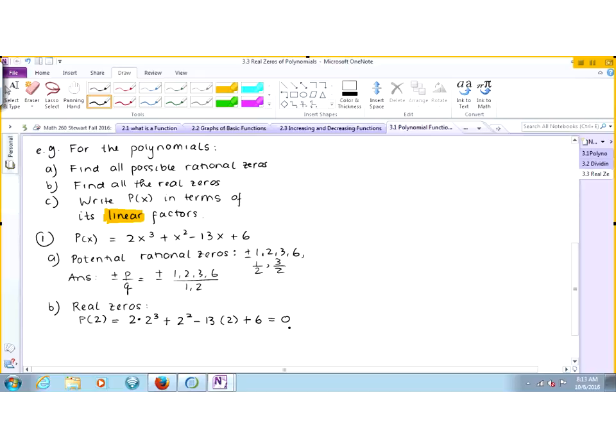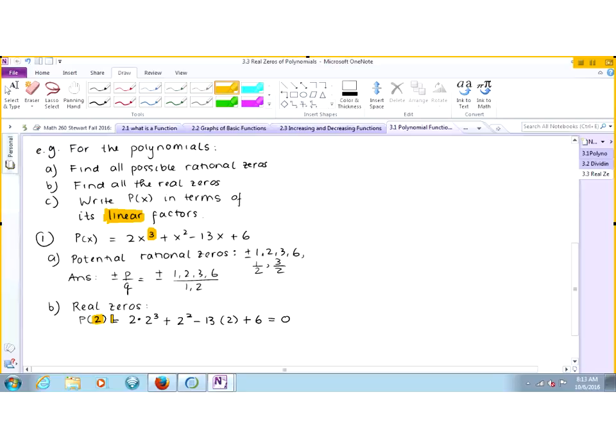So once I find a 0, then I'm going to teach it that way. Now, once I find a 0, how do I find the others? Look at these. I have a cube, right? And I found 1 zero. What is the first zero that I found? 2. How many other zeros do you think I will have? 2 more, right?